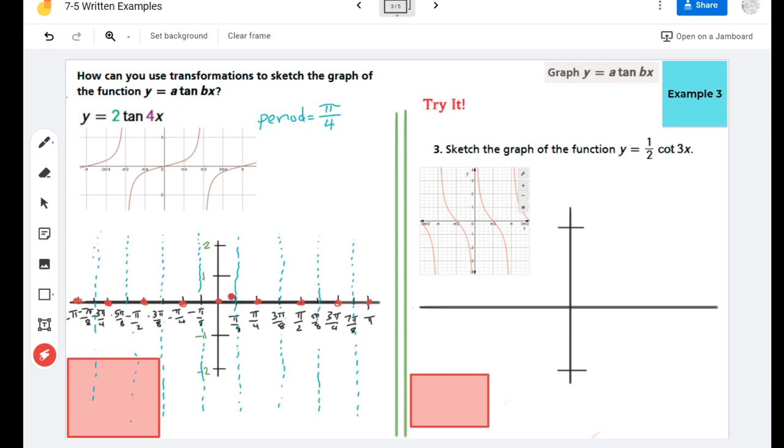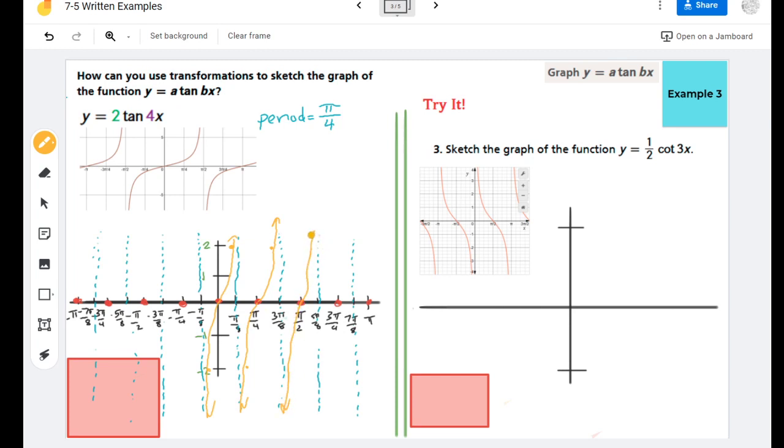So on these ones, halfway between my 0 and my asymptote, it's going to instead go up 2. And so that's what's going to happen here, and it's going to make this thing super stretched out, like this. And all of these will appear that way. So halfway between and halfway between, like that.